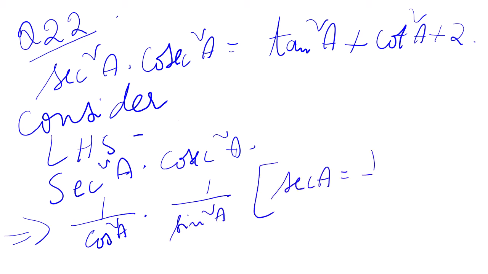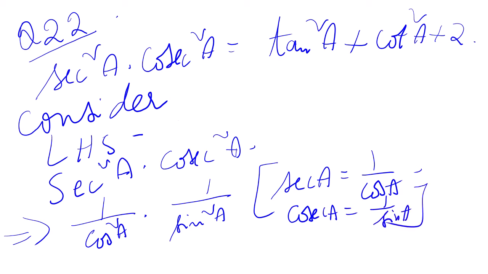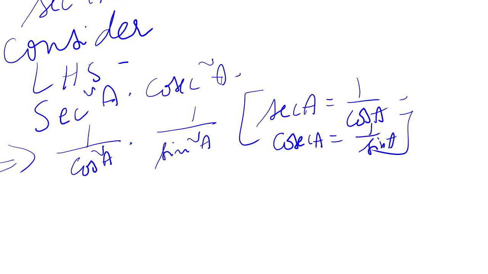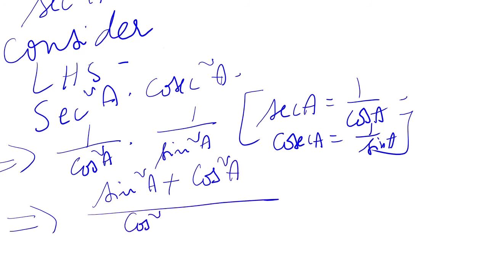We have used sec A is equal to 1 upon cos A and cosec A is 1 upon sin A. Okay, so this is now one can be written as sin square A plus cos square A upon cos square A sin square A. Okay, or we can add one more step.